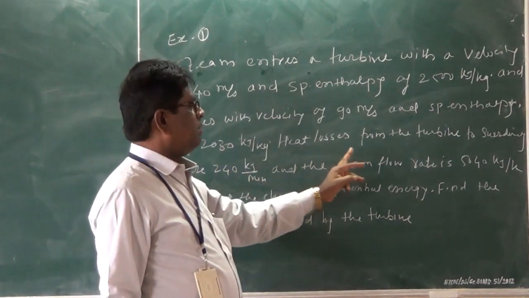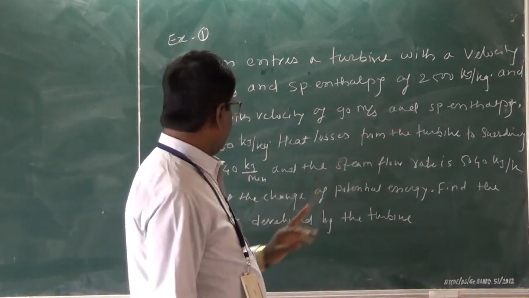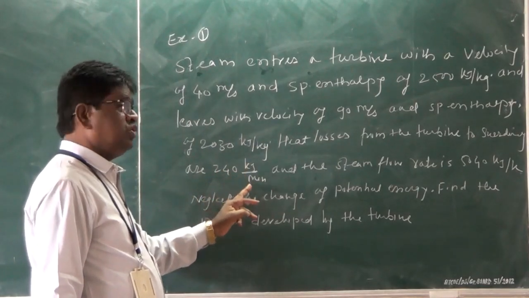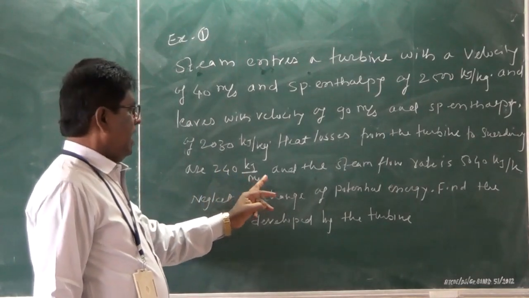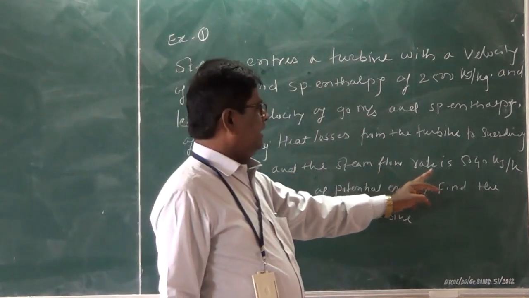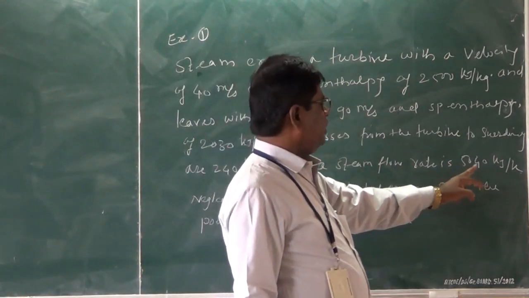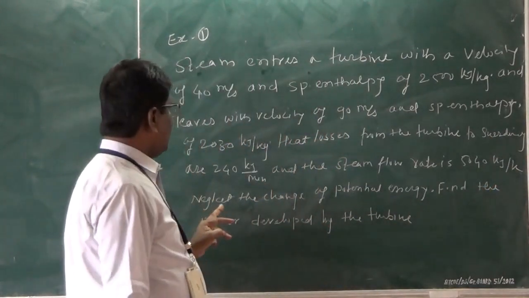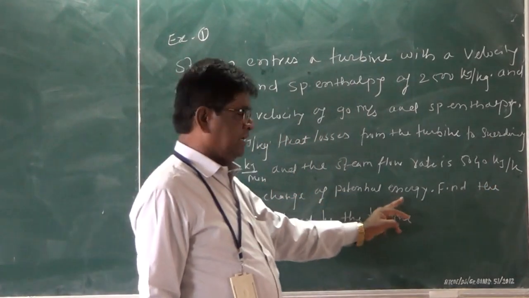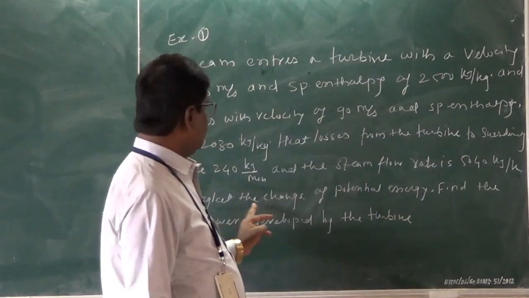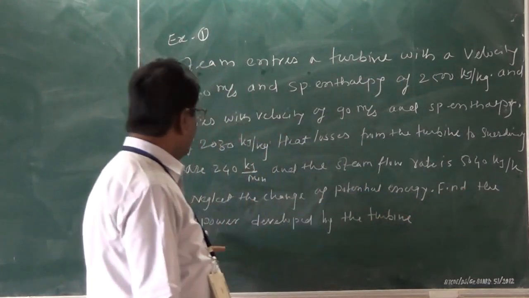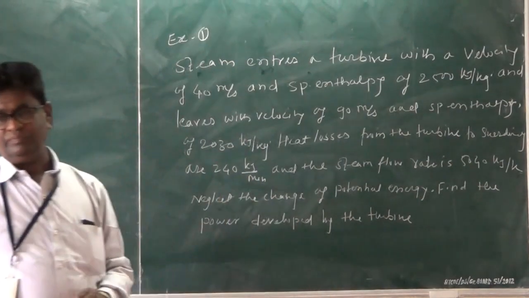Heat losses from the turbine to surroundings are 240 kilojoules per minute and the steam flow rate is 5040 kg per hour. Neglect the change of potential energy. Find the power developed by the turbine.